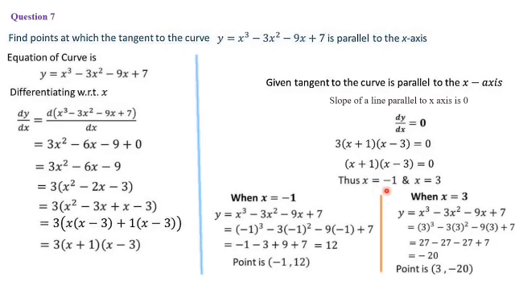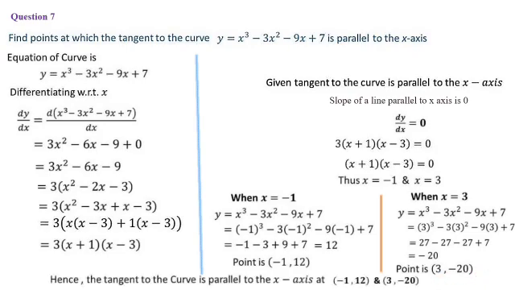We substituted these two values in the given function and got two points, minus 1 comma 12 and 3 comma minus 20. So the tangent to the curve is parallel to the x-axis at minus 1 comma 12 and 3 comma minus 20.